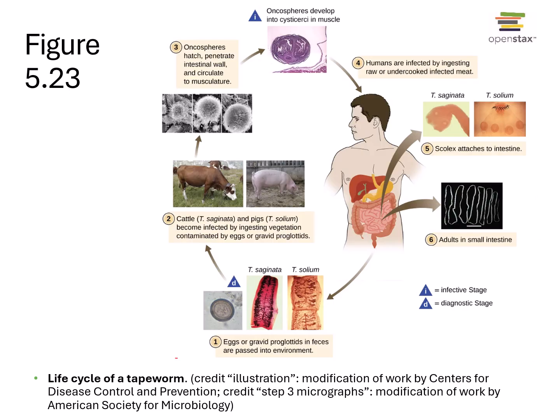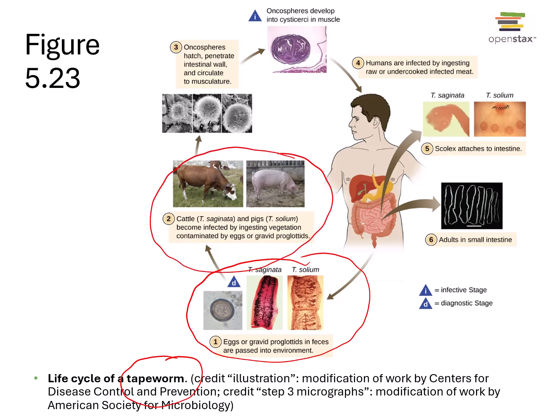This figure shows how tapeworms move between intermediate and definitive hosts before maturing into adults in the intestines. So we start with this part right here where eggs or gravid proglottids, remember that these are the segments that are filled with fertilized eggs, get ingested by intermediate hosts, like cows or pigs, it really depends on the species of the parasitic worm.